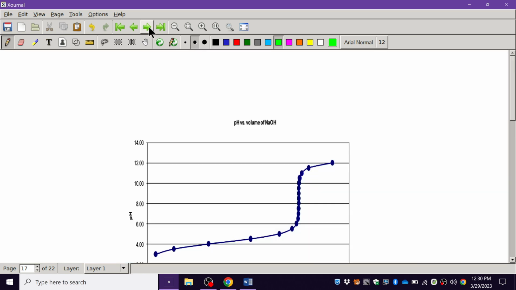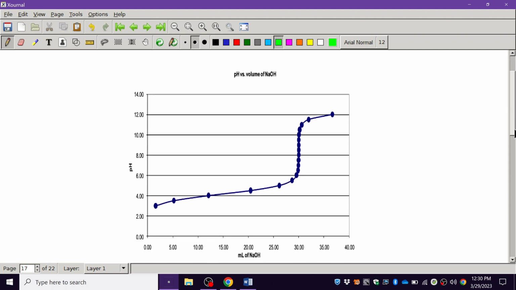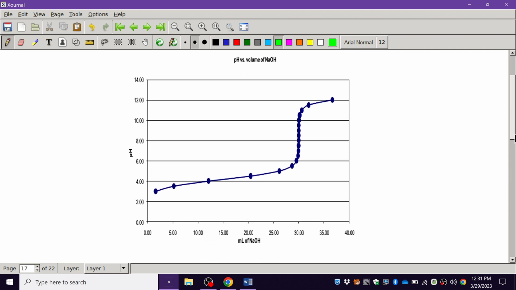All right. So let's take a step in another direction with this. This is a titration curve. I actually generated this with an Excel spreadsheet. But if you're taking lab this semester, you're going to produce something like this experimentally.